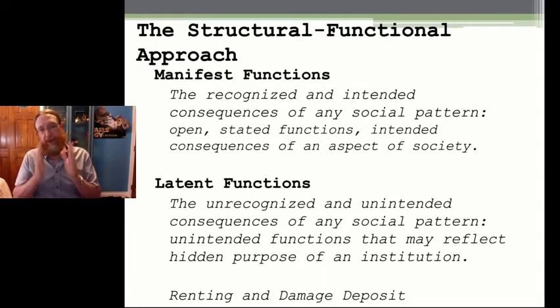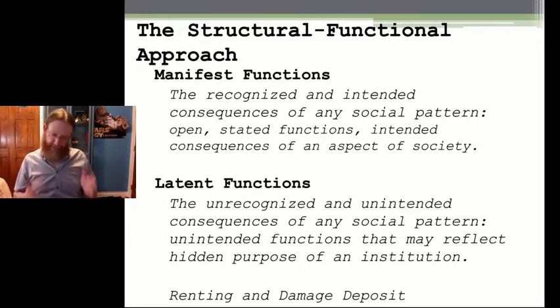So when we look at what I was just talking about, functions that are stated and then functions that are not really stated, like that piece, like, you hook up and you get married, you marry somebody from the college you go to school at, right? Manifest functions, okay? The recognized intended consequences of any social pattern. So it's these open and stated things, right? Like you go to college to get a degree, to get an education, to learn more.